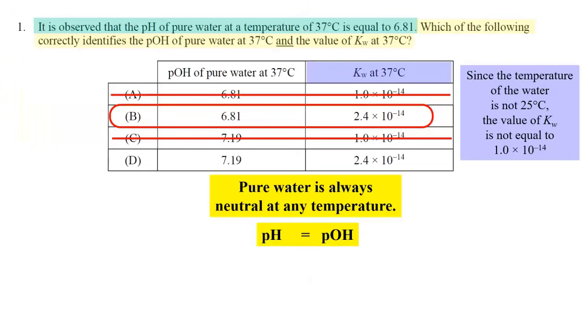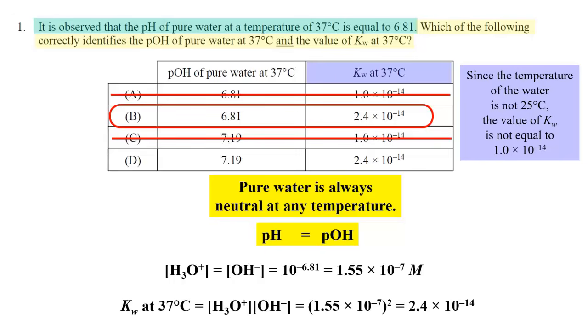So in this particular question, if we do the math of 10 to the minus 6.81, we get a value of 1.55 times 10 to the negative 7 moles per liter. Now that is not only the concentration of the hydronium ion, but that is also the concentration of the hydroxide ion in a sample of pure water, in which pH equals pOH.